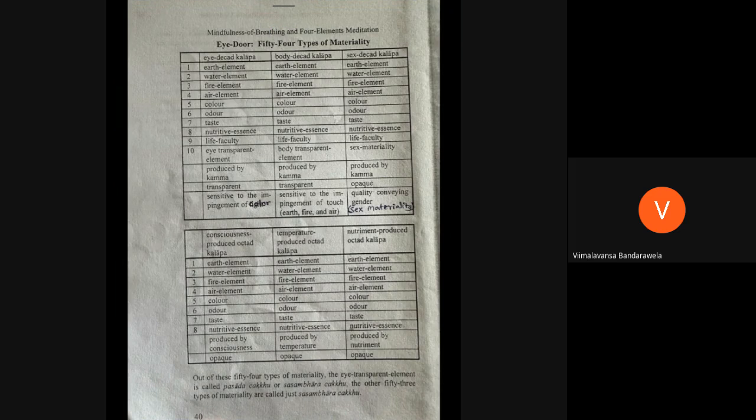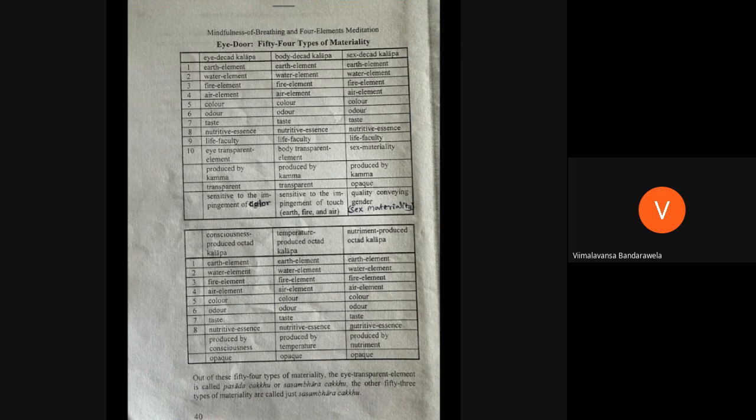Last day I taught you what is the Aido. Aido has 7 types of Rupa Kalapa. What are they? If you want to see, you can see. You have 7 types of Rupa Kalapa. What are they? The first one is Chakku Dasaka Kalapa.